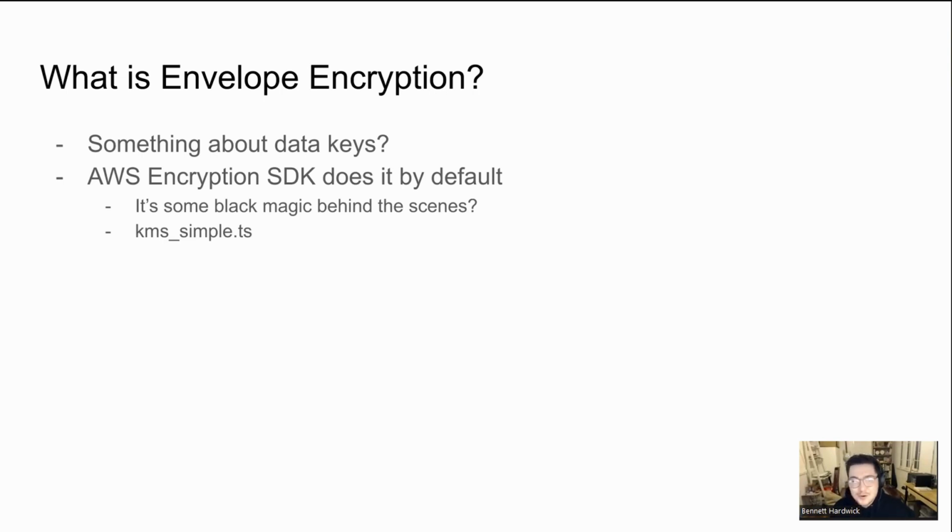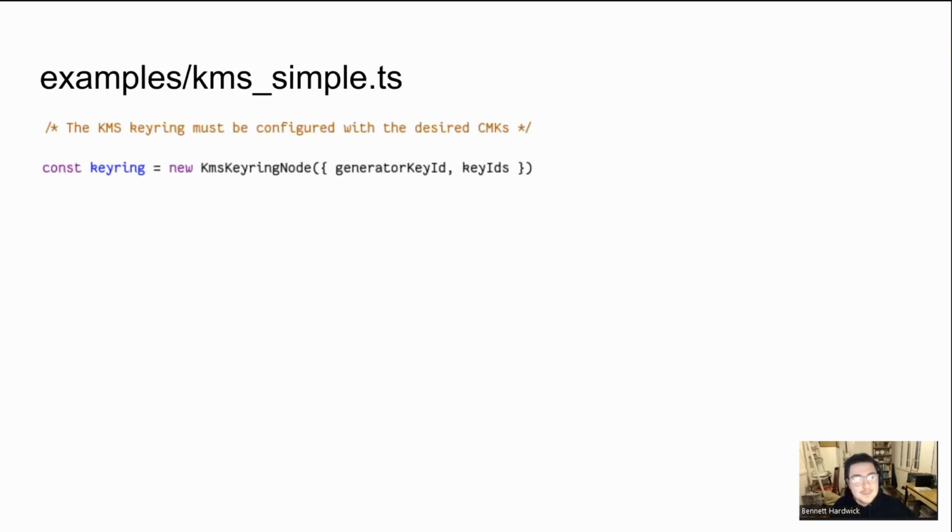And the most succinct example of this, without even realizing that you're doing envelope encryption, is when you go to the AWS encryption SDK JavaScript client library GitHub page and look at the example called KMS_simple. So I've brought up the example here. You start off by creating a key ring, and here it uses this KMS keyring node, but there's a whole bunch of other ways to generate keys and whatnot.